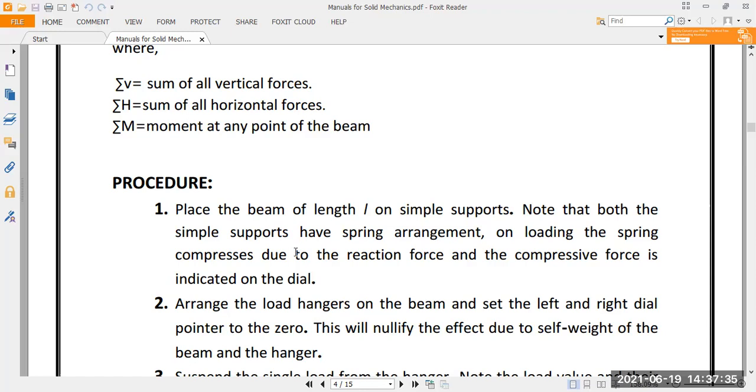There should be some adjusting procedure. What we are supposed to do is, first, in this type of case where the beam is hanging from the weighing machine, and in the first instance where it was supported on the platform of the weighing machine, in both cases we adjust the dial.